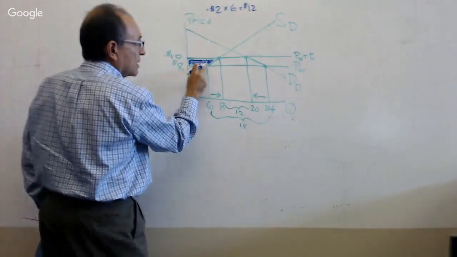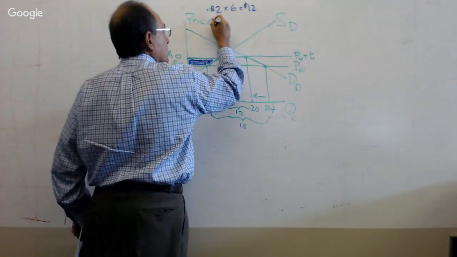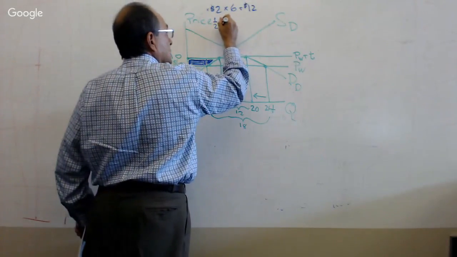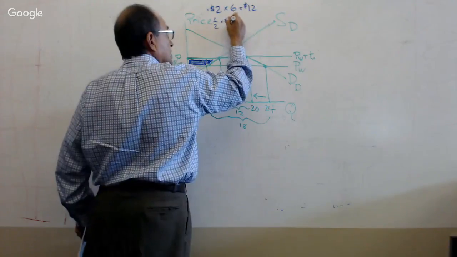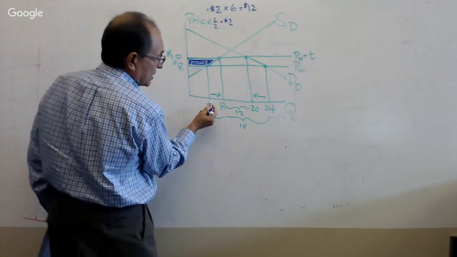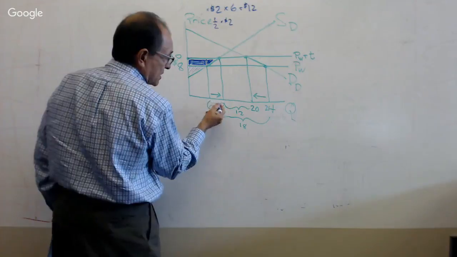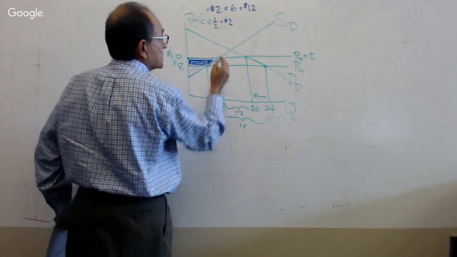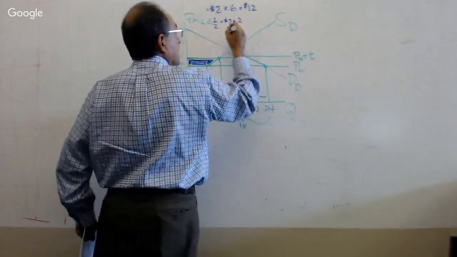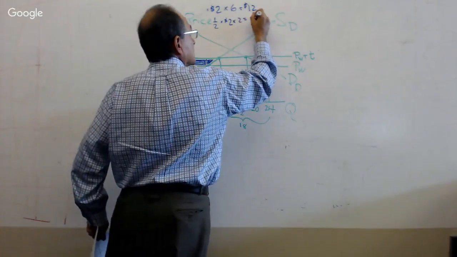Now, the area of this triangle is 1/2 the height, which is the price increase of $2, times the horizontal distance, or the width, which is 2 times 2, and that gives us $2.